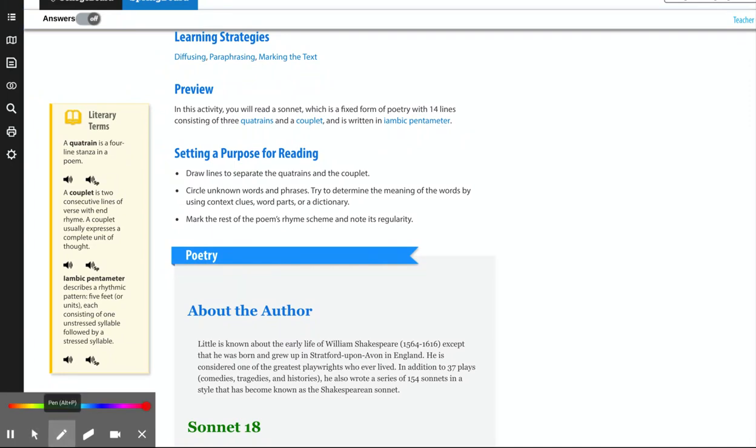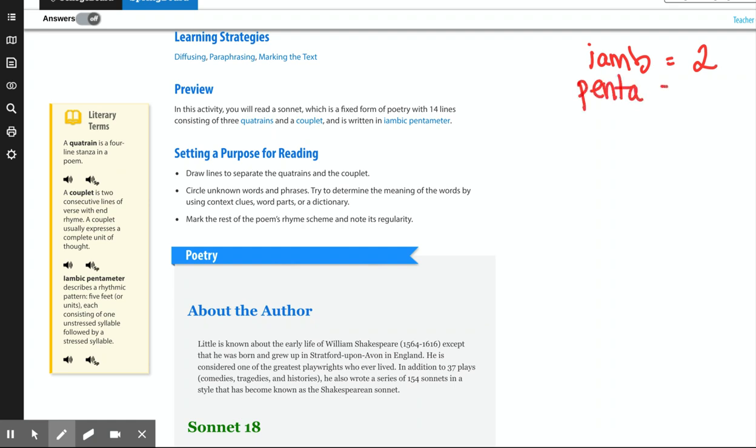So I'm going to write this like a math problem. So you have an iamb, which is 2, and then you have pentameter, right, which is 5, and you have 2, and you do it 5 times, is really 10, and this is about the number of syllables.